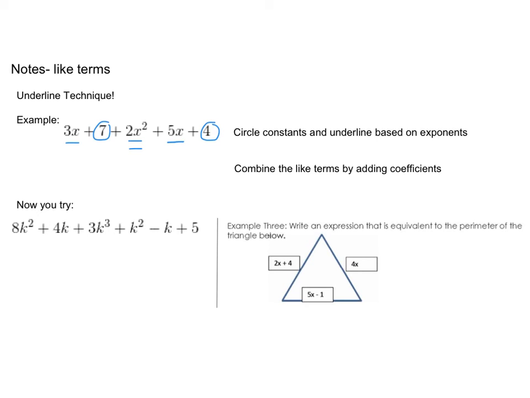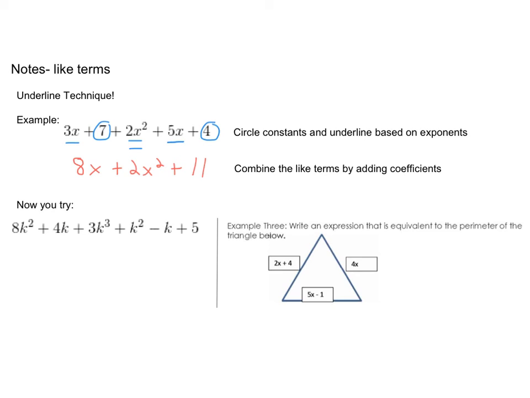So now I just combine those pieces that are matching with the underlines or the circles. And so I'm going to combine my single underlines to get the 8x, my double underline to get the 2x squared, and my circled constants to get 11, which is just what we got on the page before. We get a different order, but remember, commutative property means we can put them in any order that we want.